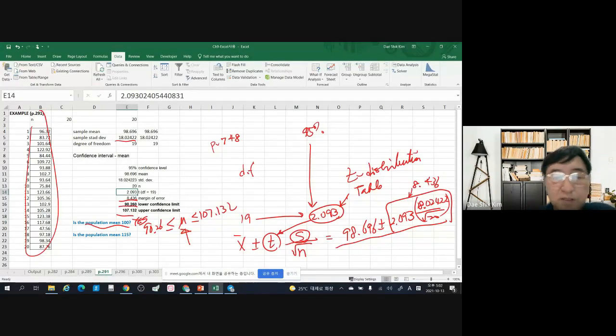We can say the population mean is located around 100, with a probability, or accuracy, of 95%. If the population mean is 115, beyond the upper limit, the answer is no. It could be, but its possibility is very, very low, lower than 5%.